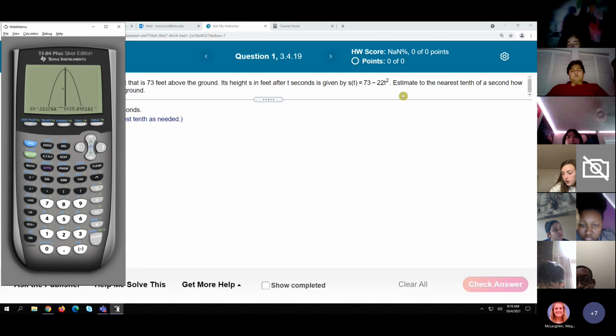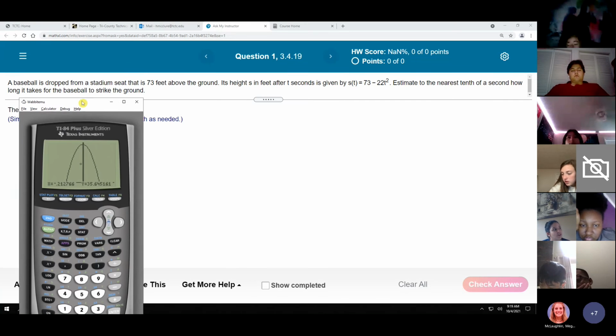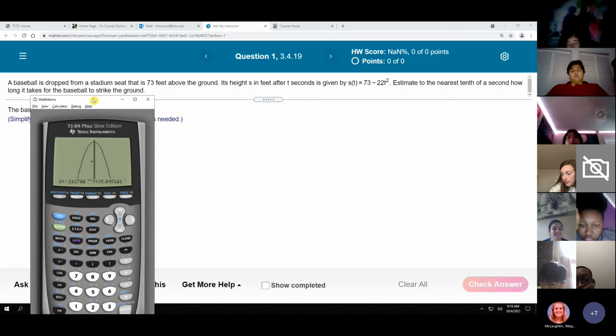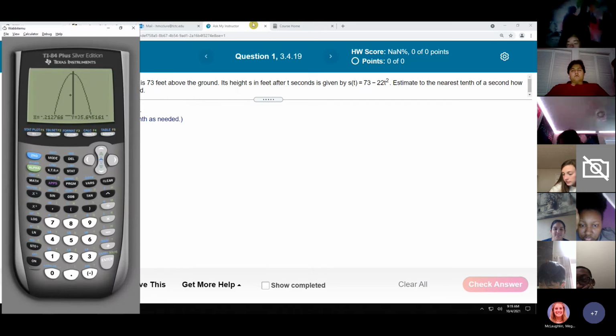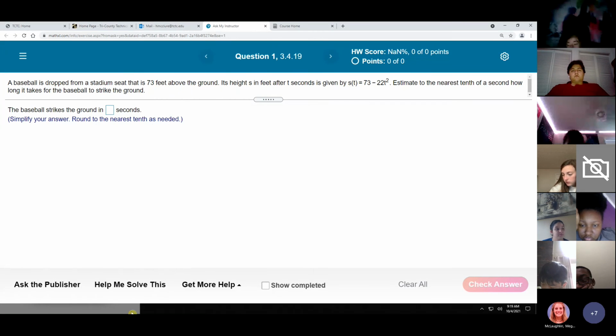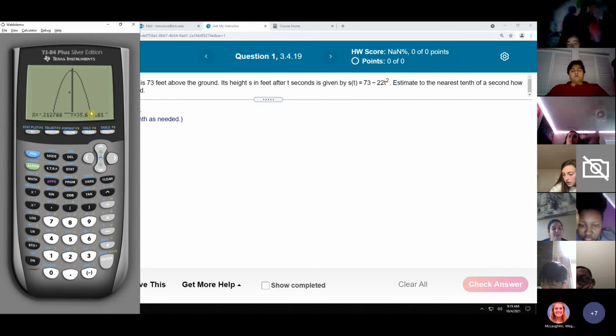That's what it says. Estimate to the nearest tenth of a second how long it takes for the baseball to strike the ground. Well, that's the X-intercept. So we need to find this X-intercept right over here on the right, because this one doesn't exist, because you don't have negative dropping balls. So let's go to second trace.